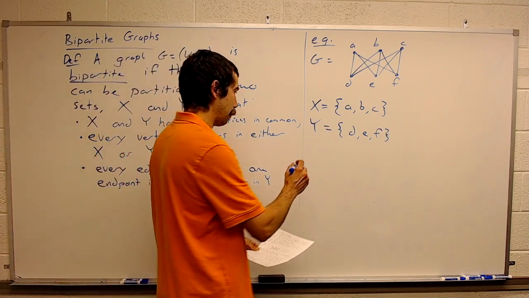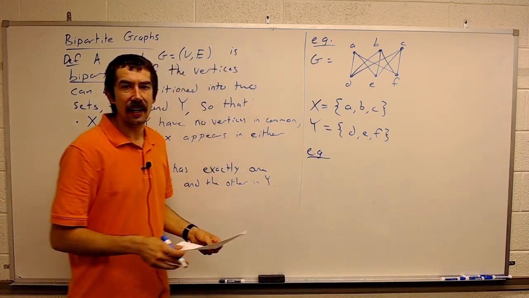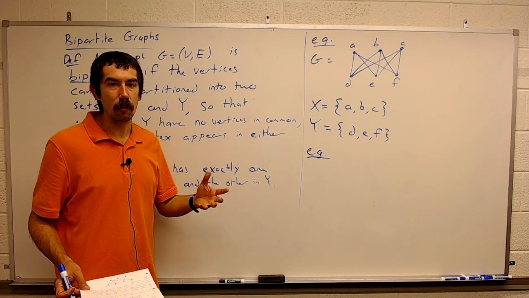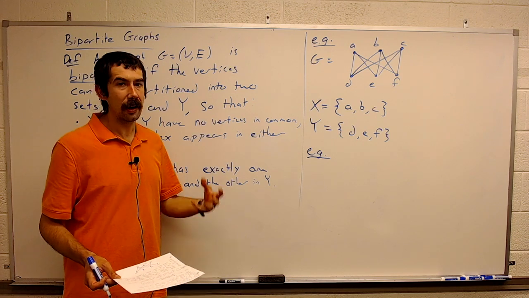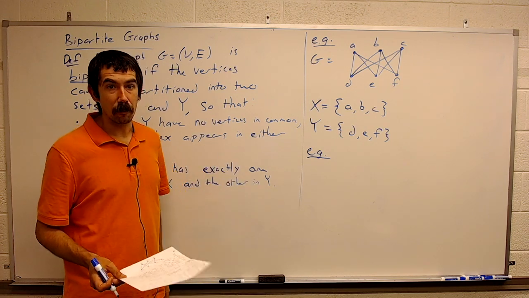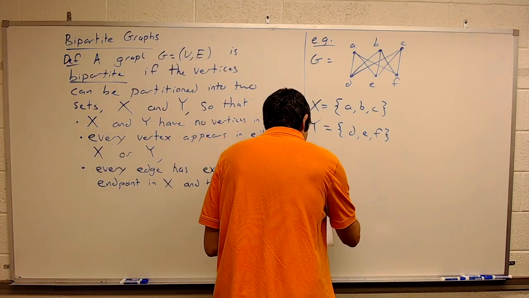Okay, another example is suppose we had some clubs on campus that wanted to reserve a room. Certain rooms would fit for certain clubs and not all rooms would fit for all clubs. All right, and so suppose we had 4 rooms.